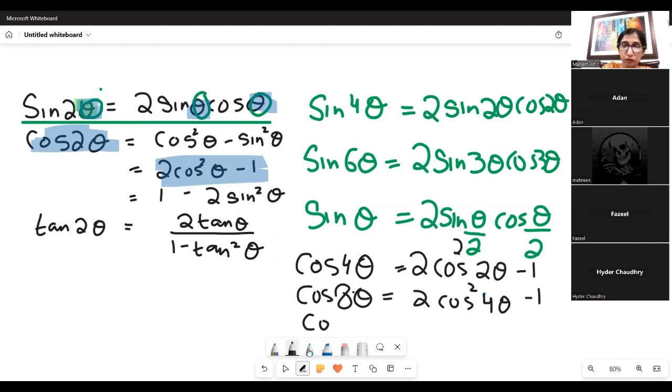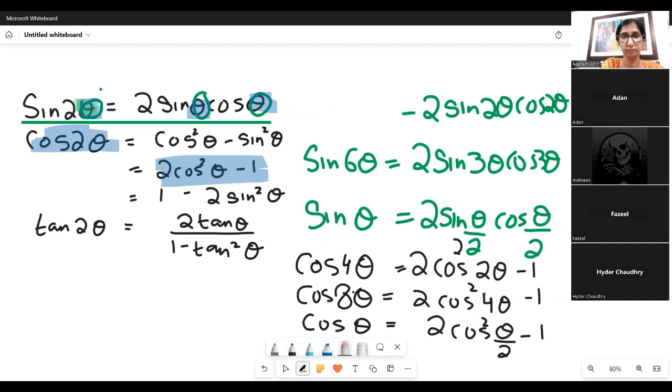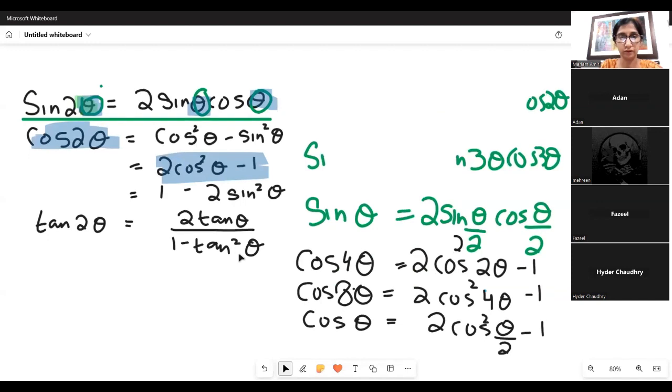And for cos theta, this will be 2 cos square theta by 2 minus 1. In fact, let me just clear the entire screen.